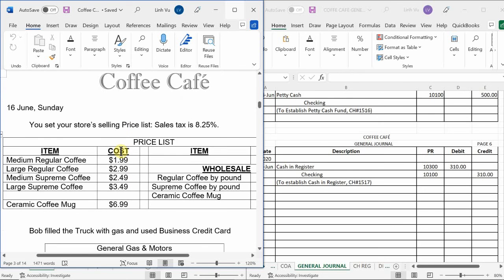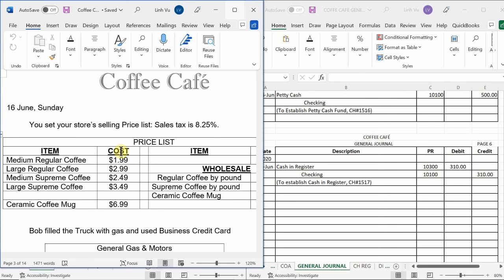Okay. So now that we finish and establish our petty cash drawer, and we finally establish the money in our register, right? This is the menu. This is what we're going to be charging our customers, okay? So we have two menus, right? We got one for the people who are coming in store and purchasing our coffee. So we offer medium regular coffee cups, which is going to be priced at $1.99.